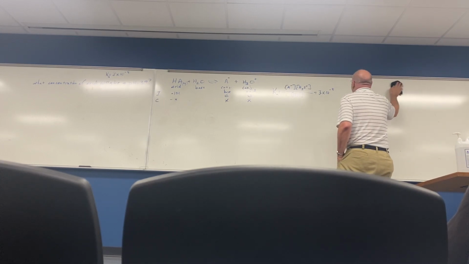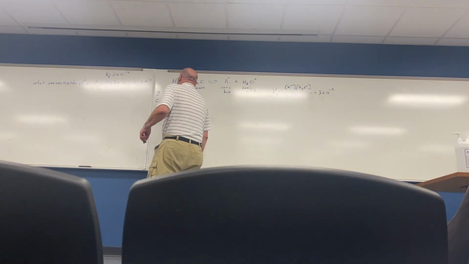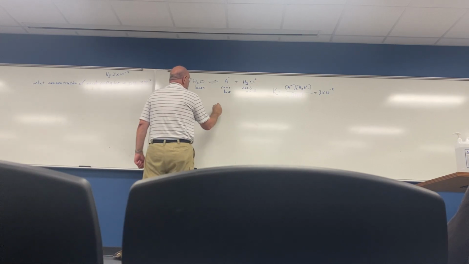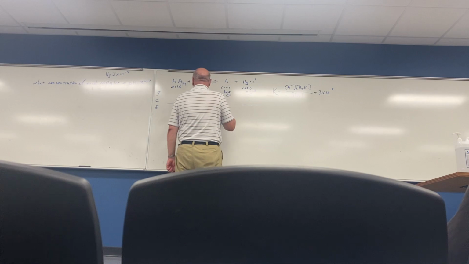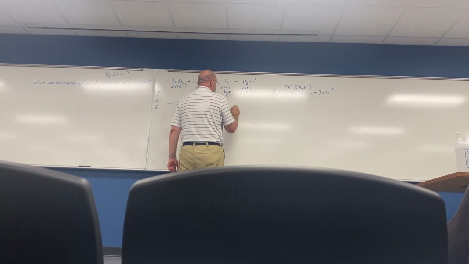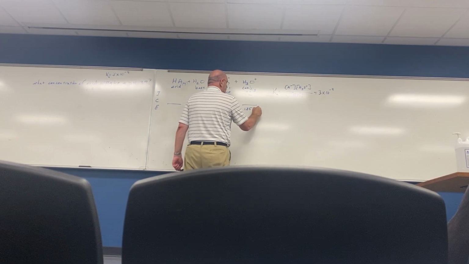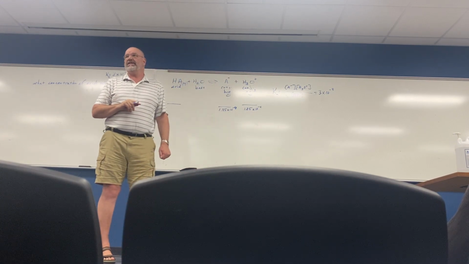So now my algebra is going to be a little different. So now I start at 0 here, but I know this is 1.25 times 10 to the minus 4th, and I know this is 1.25 times 10 to the minus 4th. Because I know its pH is 3.9.